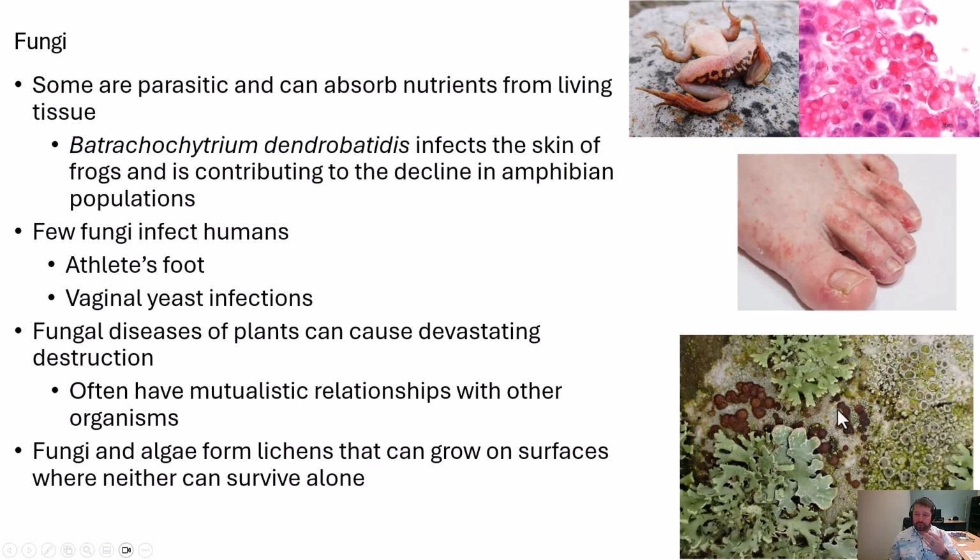There are a few different types of lichen: crustose lichen, leafy or foliose lichen, cup lichen. But they have these properties where the fungus is actually decomposing the material that they're attached to.